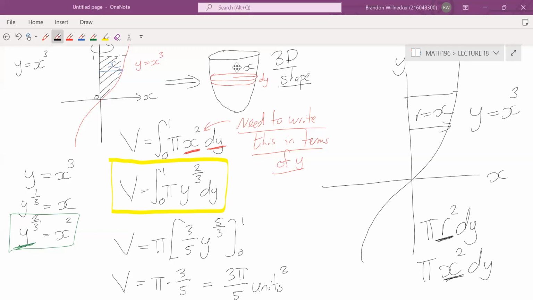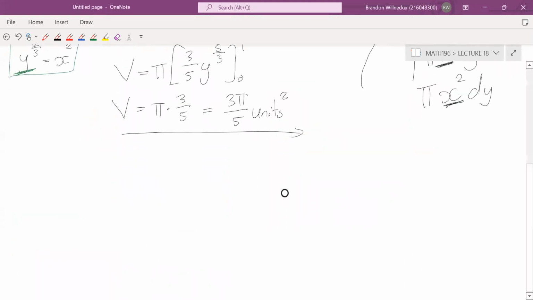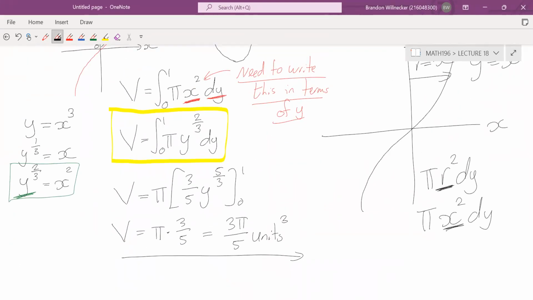Hello, sir. How do you simplify 2 over 3 into 5 over 3? I'm just taking the antiderivative. So from here to here, I took the antiderivative. Remember the antiderivative rule for powers: we add 1 to the exponent and then divide by the new exponent.